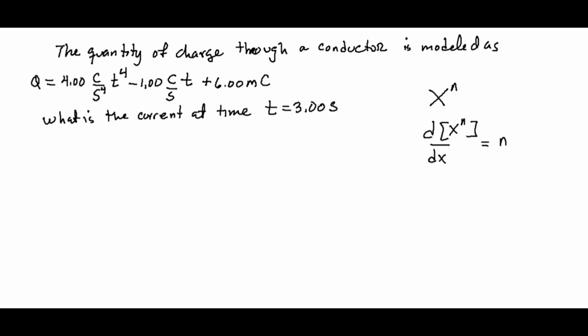This is the first derivative of x to the n, right? It's n times x to the power of n minus 1.